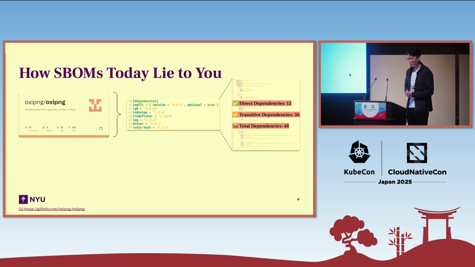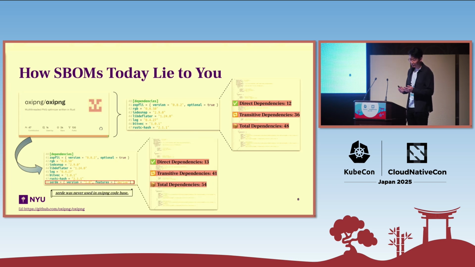At one point, someone in our lab accidentally added a dependency on third day into the Cargo.toml file because we were trying to modify OxiPNG on our own, but it wasn't used anywhere in the actual code. No imports, no execution, but it remained in the manifest.